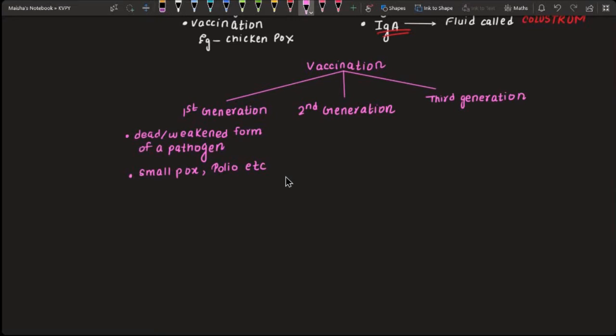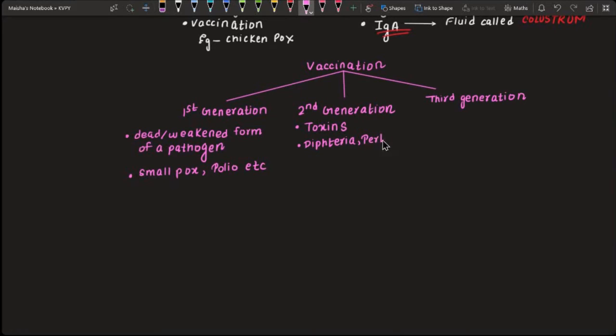This would include the smallpox vaccine, polio, etc. Then we'll go to the second generation vaccine. So second generation vaccine is made using certain toxins, toxins which have been extracted from the particular pathogen.